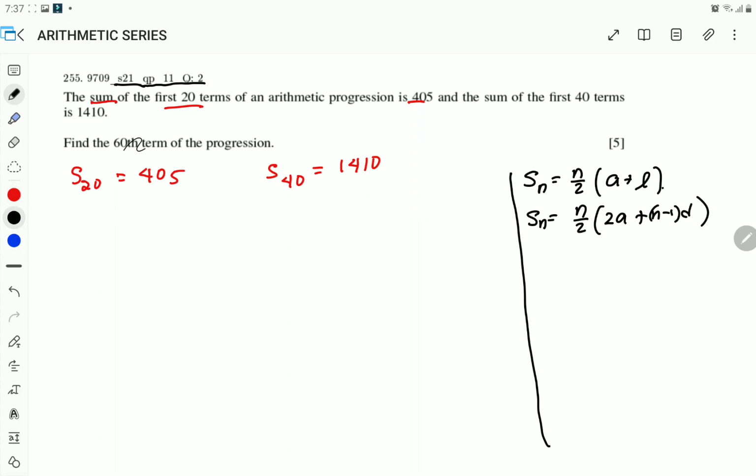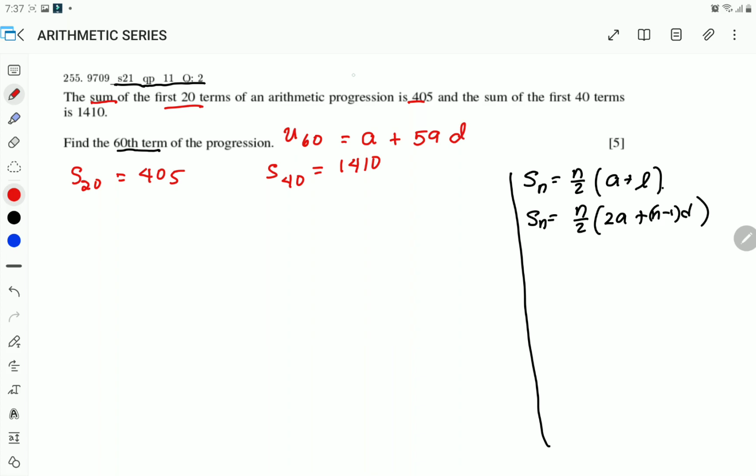The question is, find the 60th term of the progression. Take a look. We're not looking for the sum of 60, but the 60th term, that is u sub 60. And when it comes to your mind, u sub 60 is equal to the first term plus the 59 times your d.